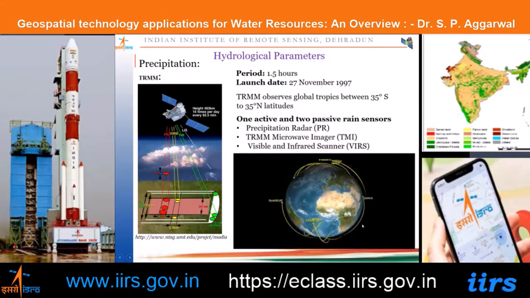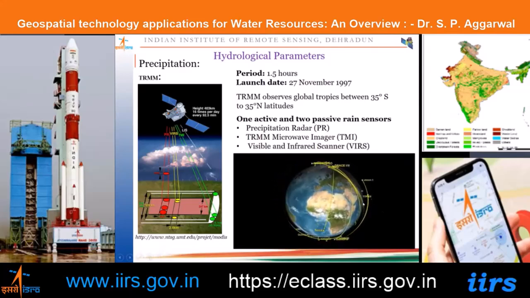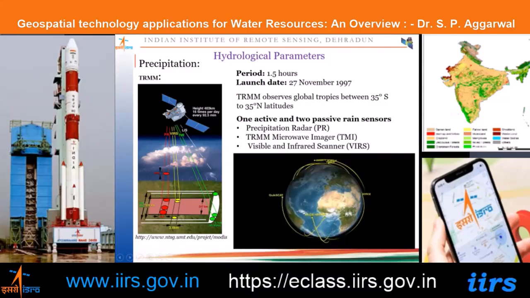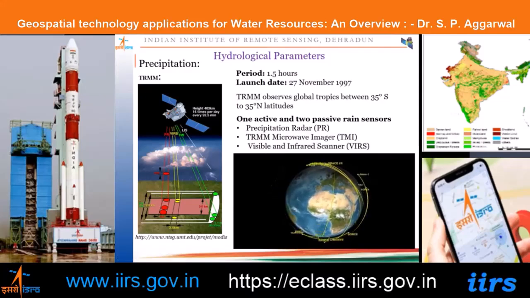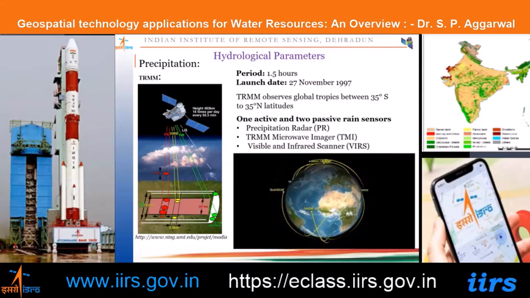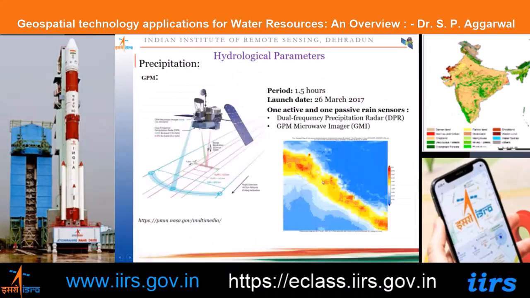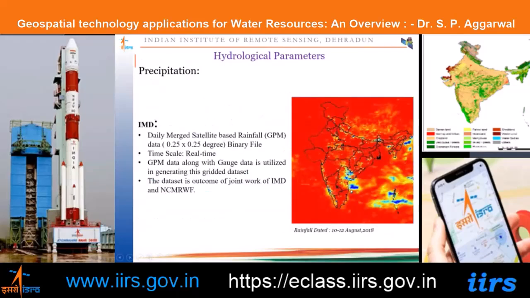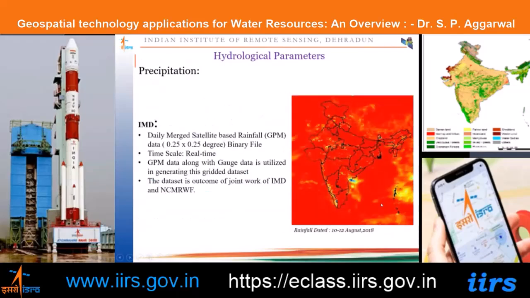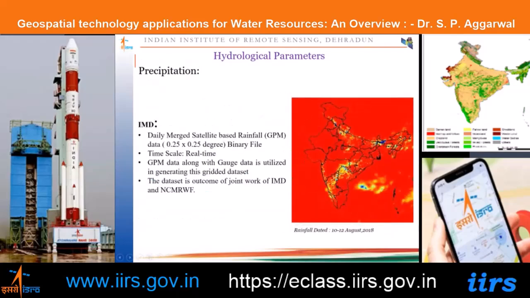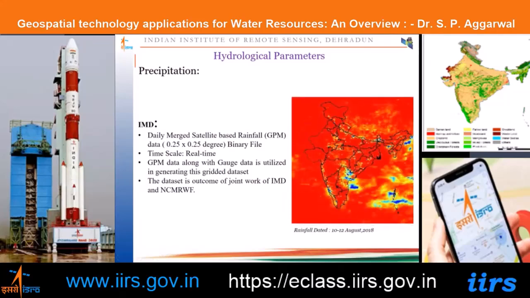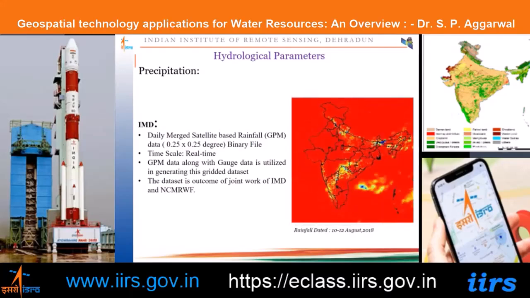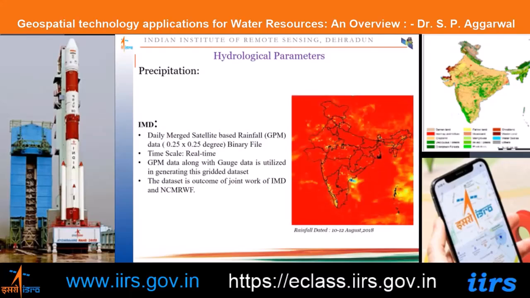These satellites are moving around the Earth, so you get a lot of information from them. Together with INSAT-type satellites and field observations, we generate maps like this. You can see here the map generated for India, a 3-day map. This type of map you can generate using this kind of data.